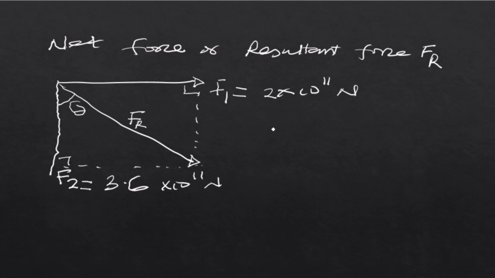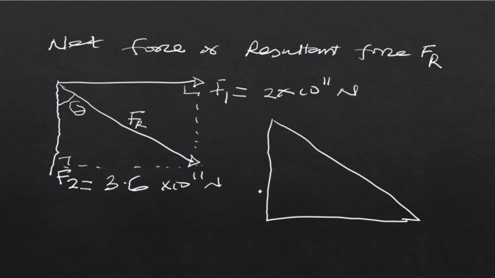So from here, we can quietly extract this right angle triangle from here. So while this becomes our theta, here becomes what we are looking for, which is the resultant or the net force. Here is angle 90 degrees.